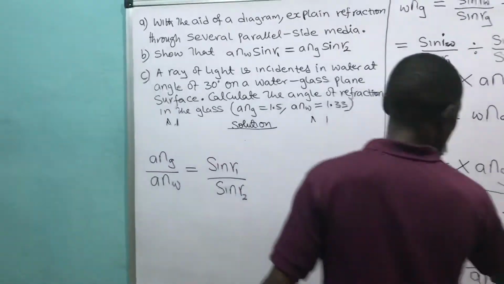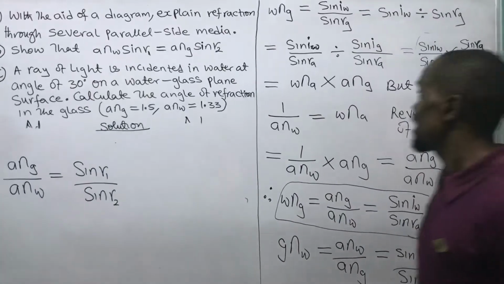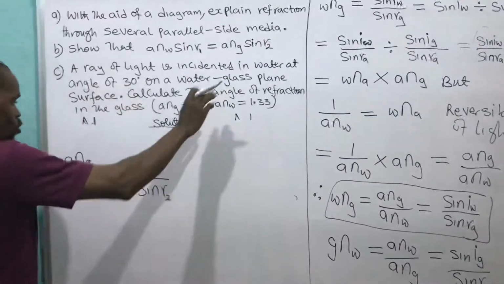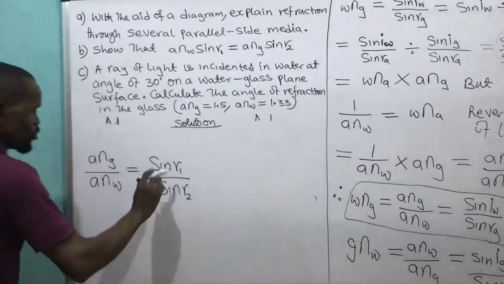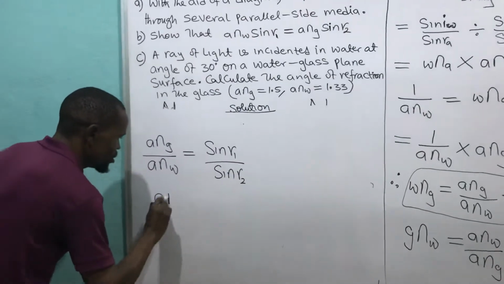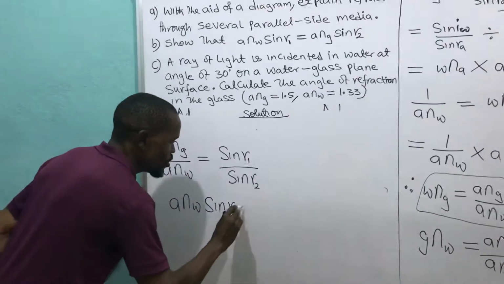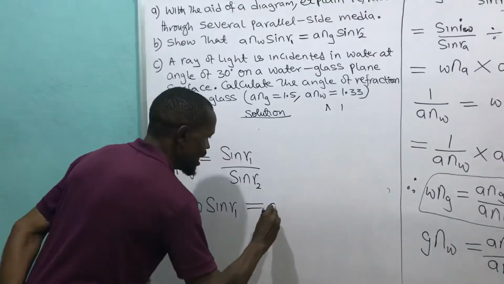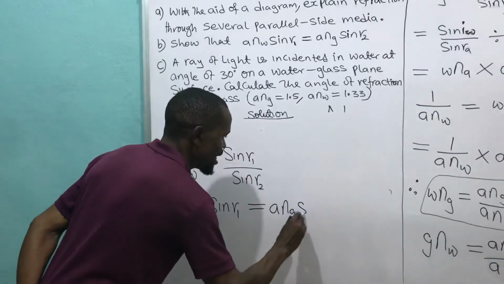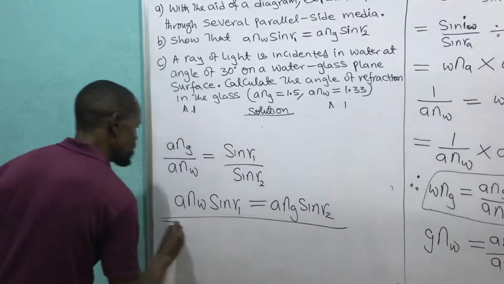R1 represents incidence in water, R2 represents refraction in glass. If we cross multiply, I will have A to water sine of refraction 1 equals A to glass sine of refraction 2. And that's what they say we should prove.